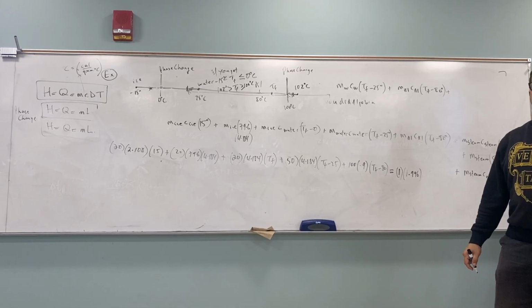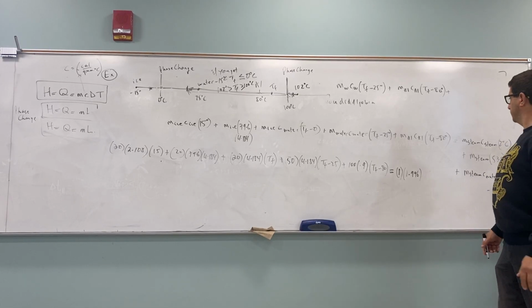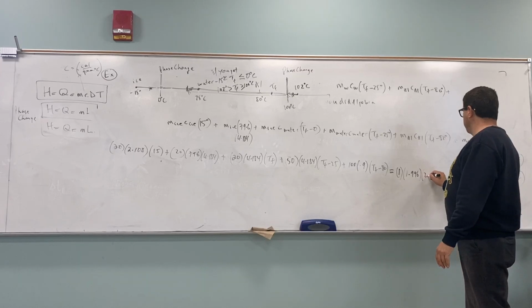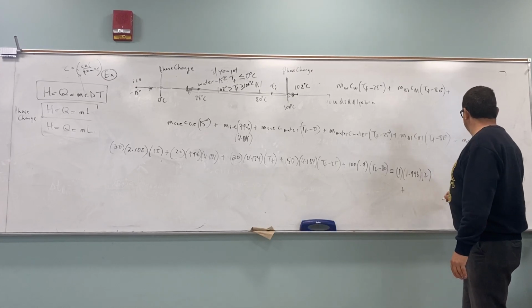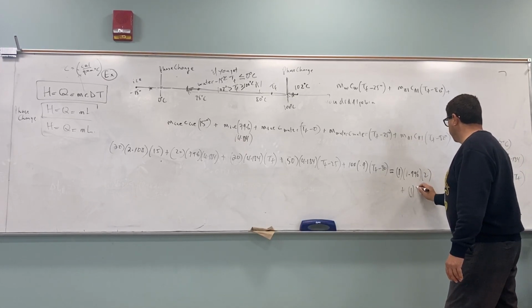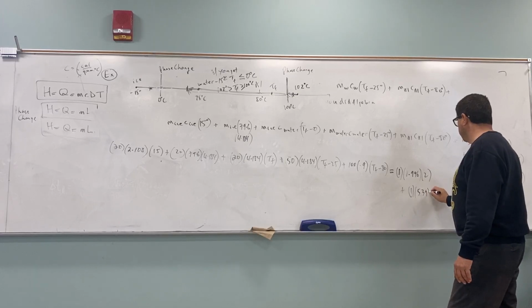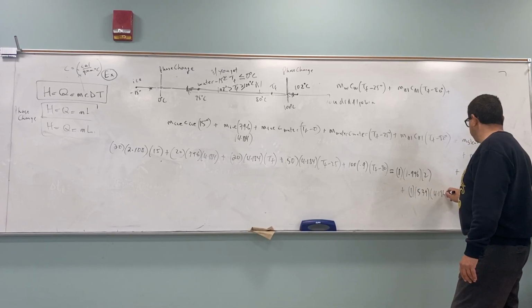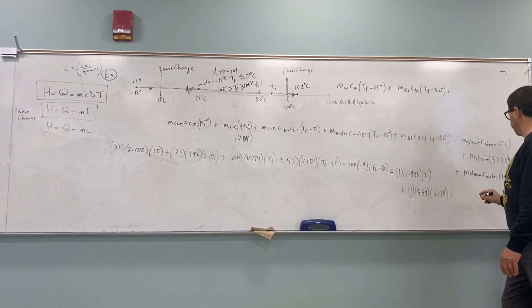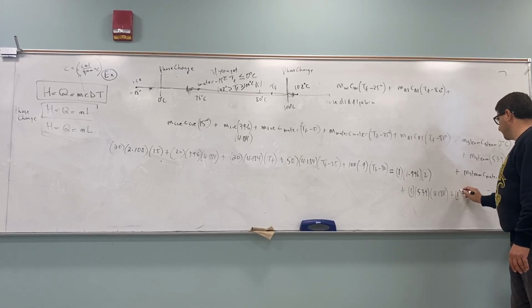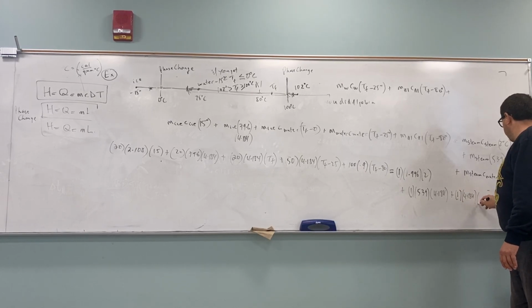But water is twice ice, right? So then 2 plus mass of steam, heat of vaporization, times this, plus mass of steam, 1, times specific heat of water, times 100 minus TF.